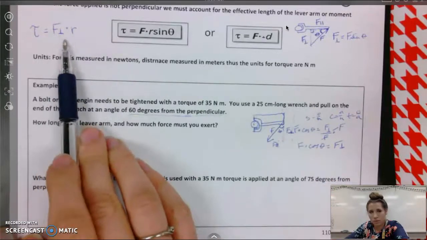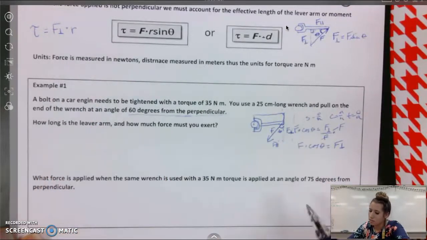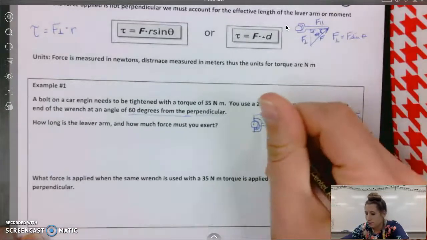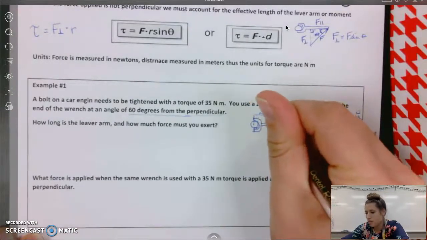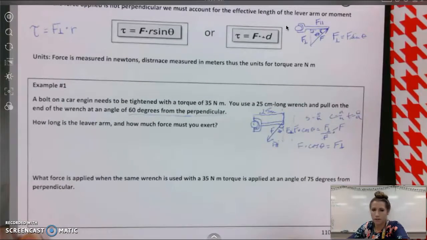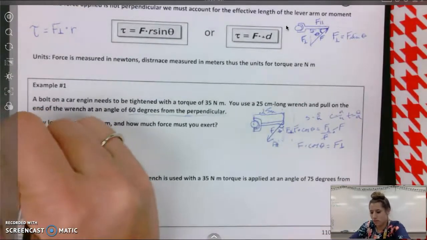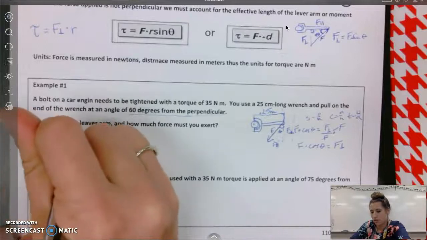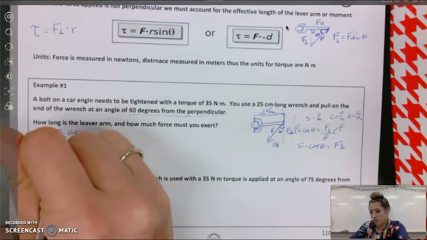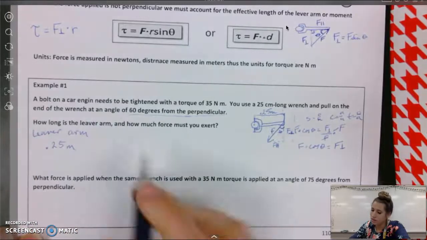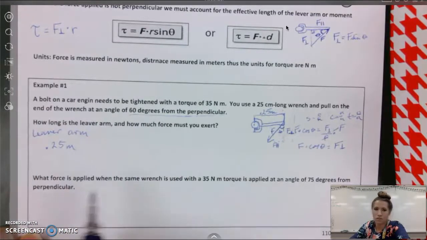A force multiplied by a distance. And so it's going to be in meters. So instead of 25 centimeters, it's going to be 0.25 meters. Okay? That's how long my lever arm is. 0.25 meters.